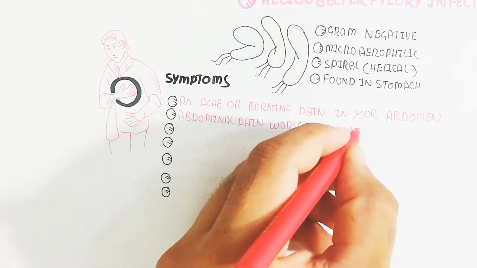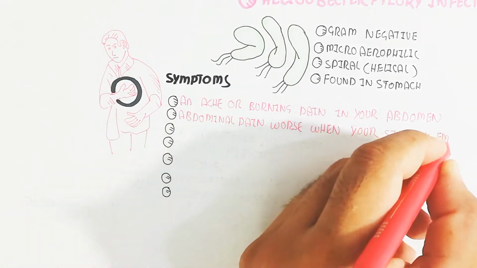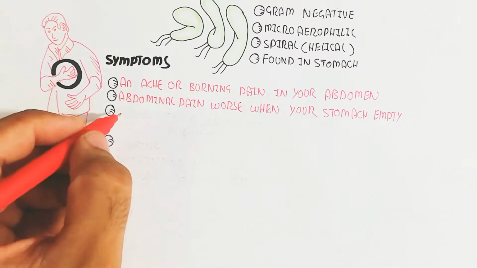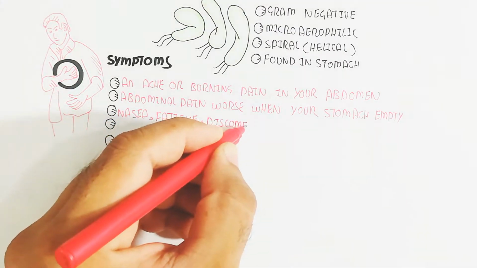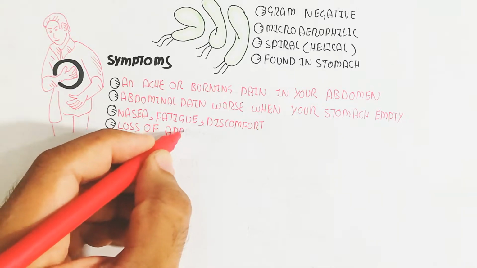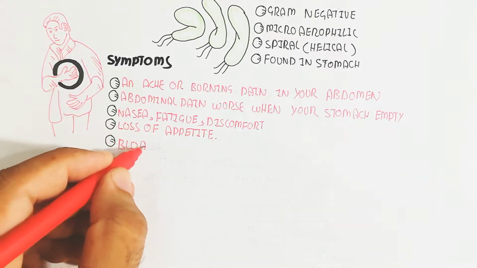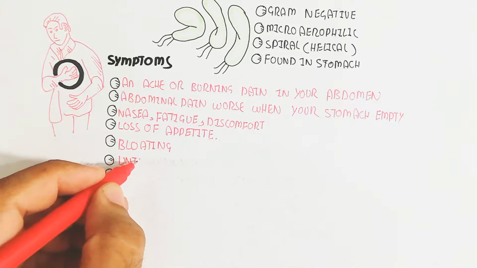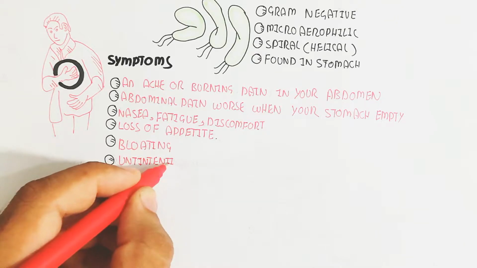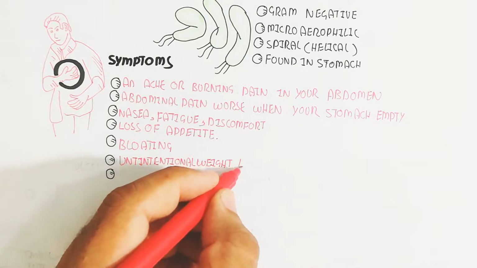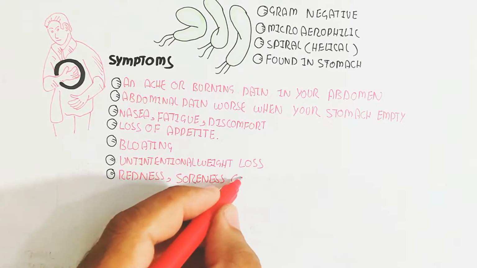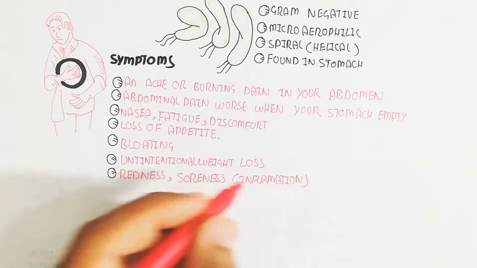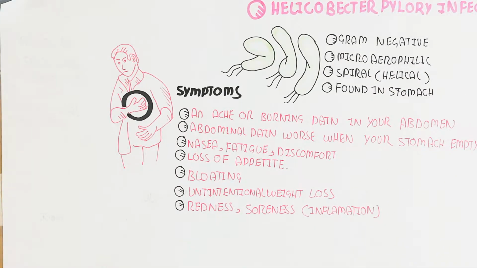So when you do not eat, the abdominal pain will increase, along with nausea, fatigue and discomfort in your abdomen. Loss of appetite is an important sign and symptom of Helicobacter pylori infection, along with bloating, unintentional weight loss, and redness, soreness and inflammation.